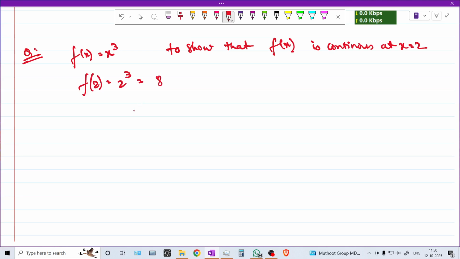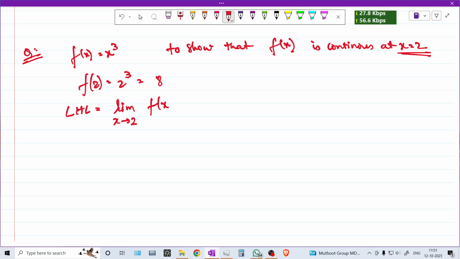Then we will find the left hand limit. So the left hand limit is limit x tends to 2 minus f(x), because we need to check the continuity at the point 2.